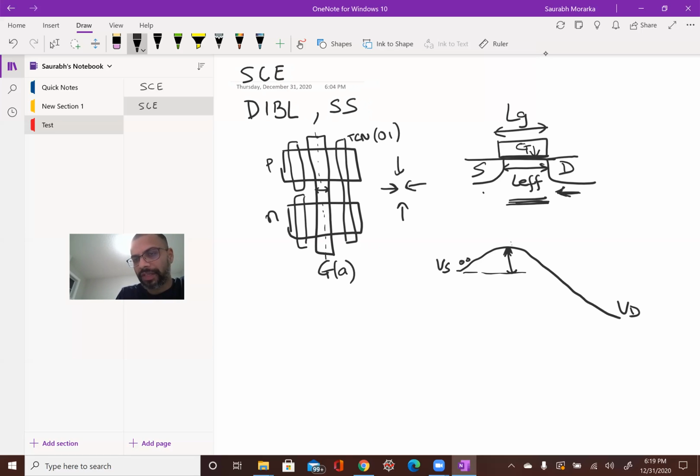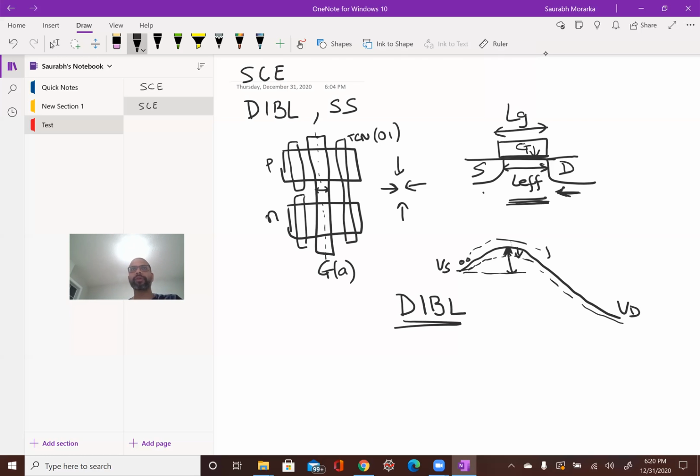On this potential landscape, it means this barrier starts looking more like this. So essentially there is a reduction in the barrier height, and these carriers are able to reach across to the drain more easily. And that is what is called drain induced barrier lowering.